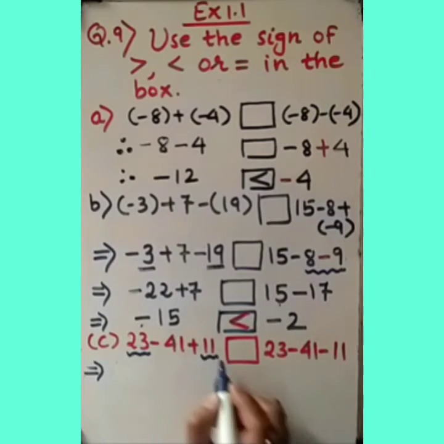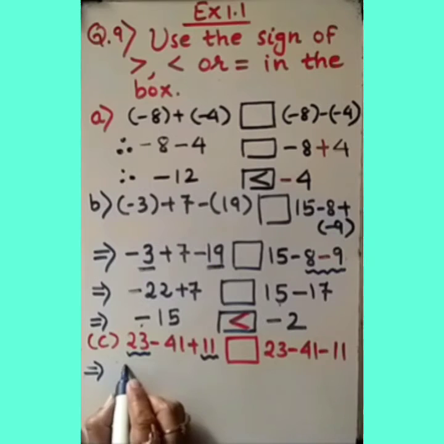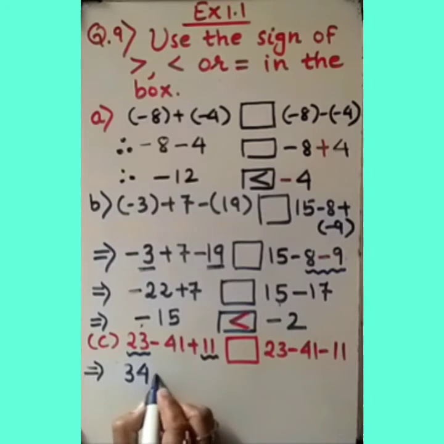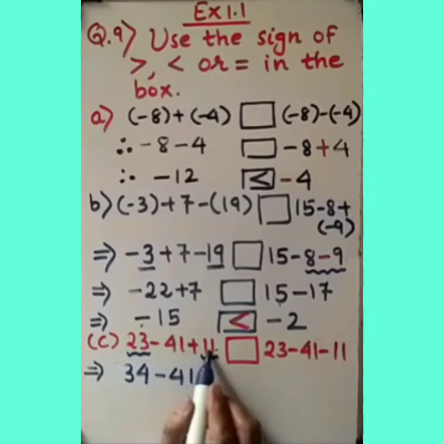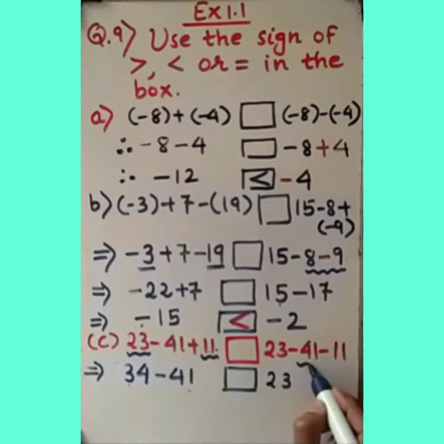This and this. So first we need to add both of these numbers. 23 plus 11 gives the result 34. And this is -41. 3 plus 1 is 4, 2 plus 1 is 3, 34, and this remains as it is. This side also, 23 is alone positive, but you can see these both numbers are negative. Negative numbers, same sign, addition, so it will become minus 52.